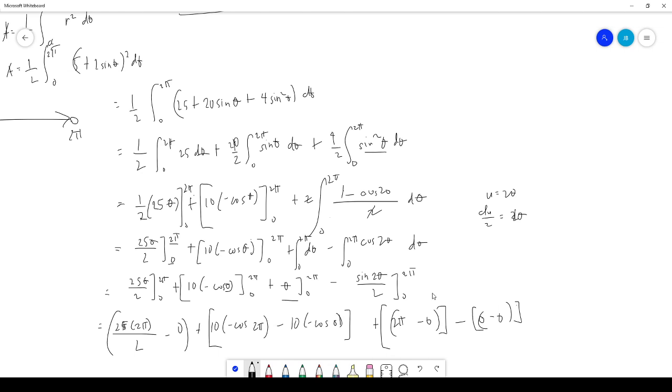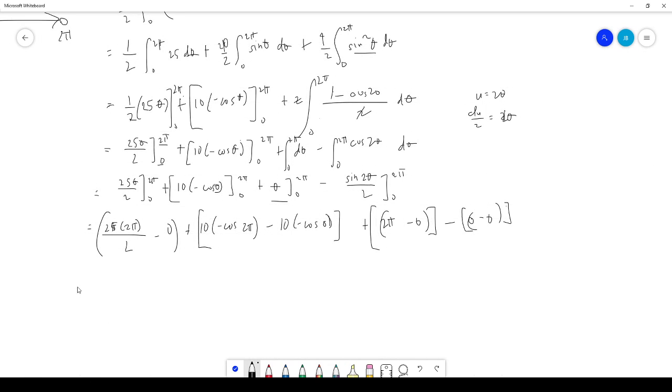Okay, simplifying our answer brings us to 25 over 2 times 2 pi. The 2s cancel, so 25 pi. The next is 10 times negative cos 2 pi, which is negative 10.